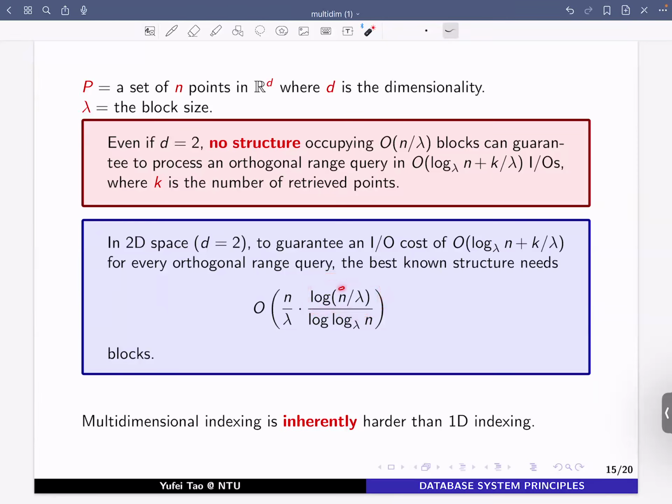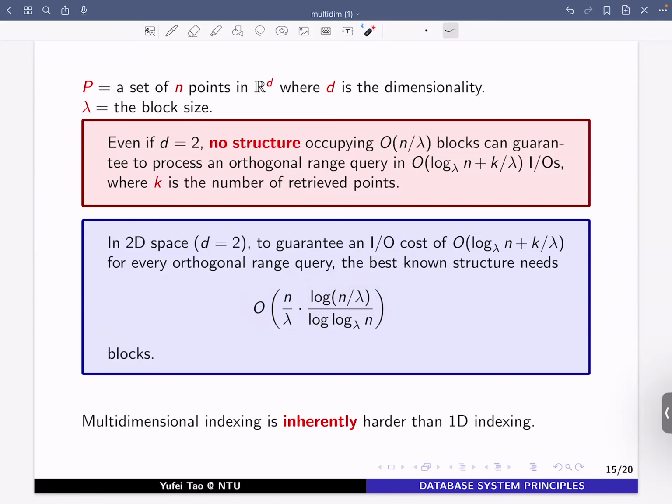So this is the number of blocks that you have asymptotically. Well, I use the word asymptotically. Probably you don't understand what that means. Anyway, if you have taken the data structure course, you understand this big O stuff. Anyway, it's up to a constant factor. It's logarithmic of how many blocks you will need to store the data set.